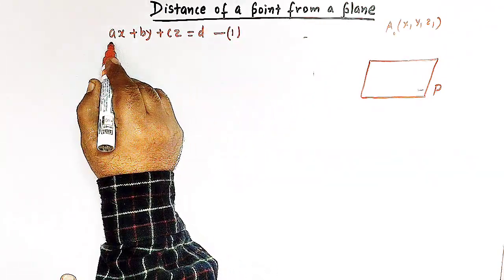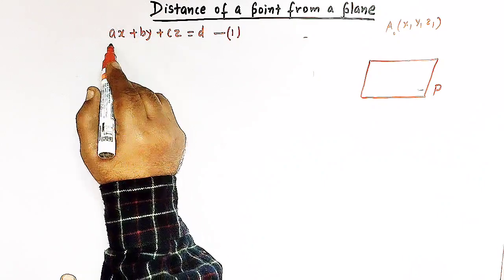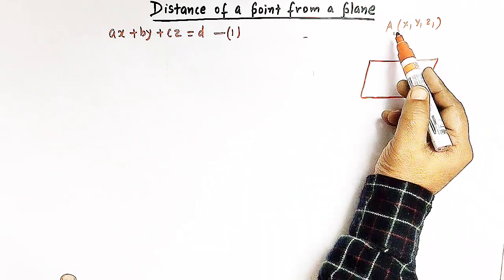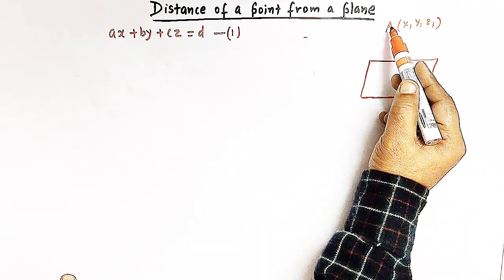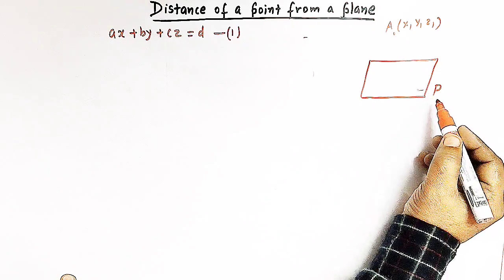So any equation of this type in first degree is always representing a plane, right? So here we wish to find out the perpendicular distance of this point A from this plane P.